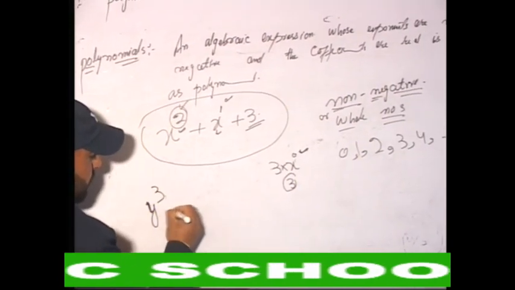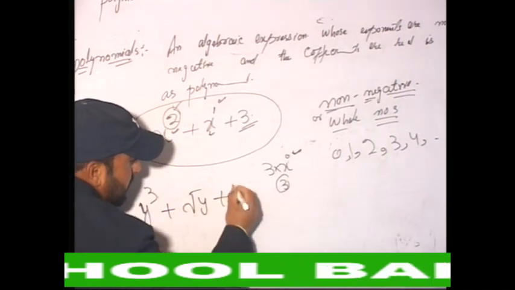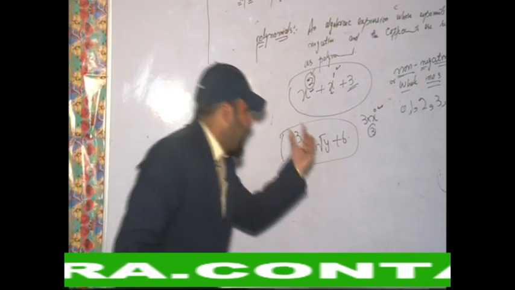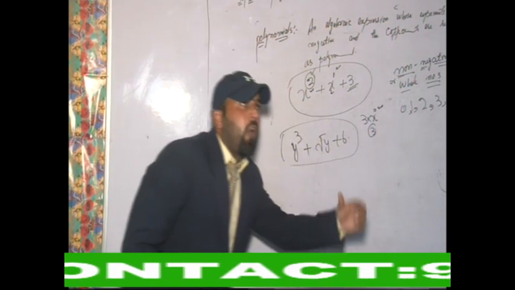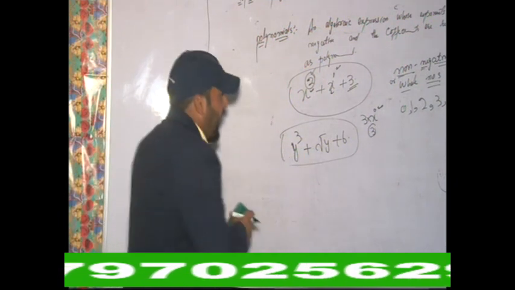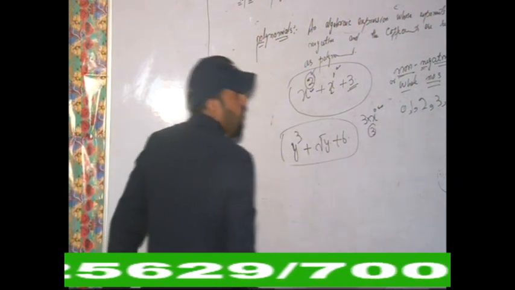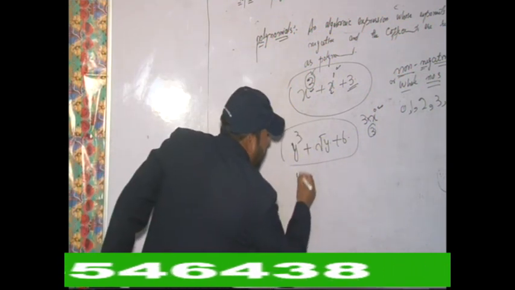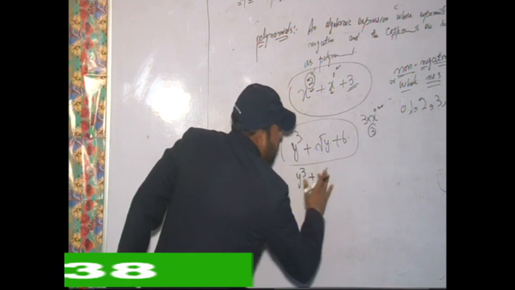Let us take another example. We will check whether this algebraic expression is a polynomial or not. Here the exponent of y is 3, but here the exponent of y is not a non-negative integer because the square root is power 1 by 2.